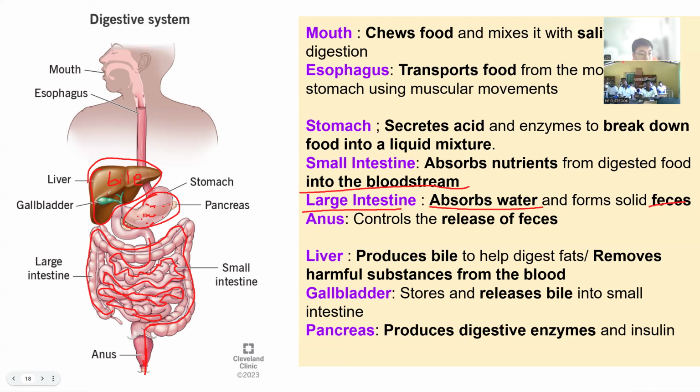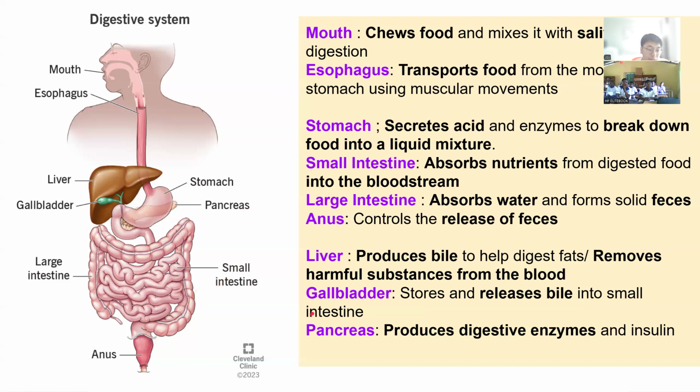And this gallbladder over here stores and releases bile, and it is connected to our small intestine. And there's also a pancreas over here at the back of the stomach, and it also produces digestive enzymes. So that is the system where we digest food and expel it through the anus.